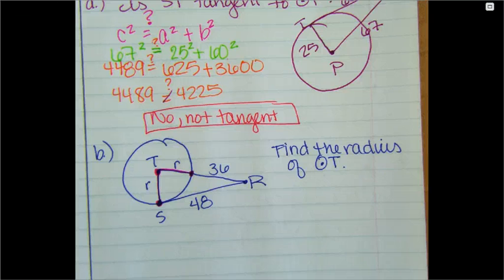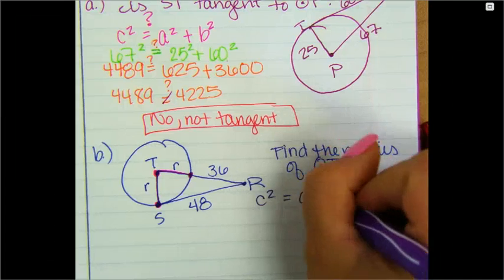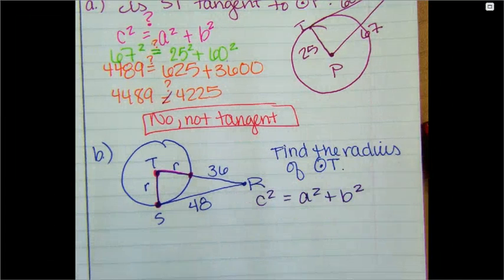What does R represent? The radius. Okay. How do we solve this? C squared equals A squared plus B squared is still correct. We're still going to do that. Let's start with A. What's A?